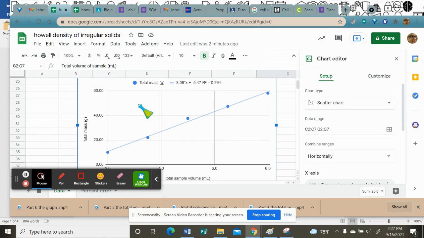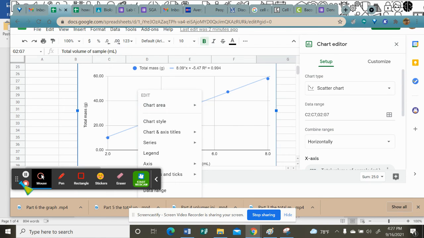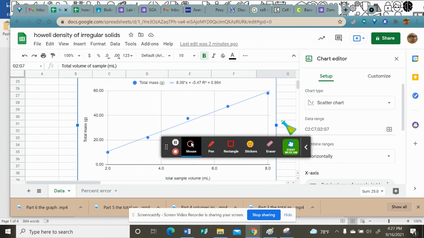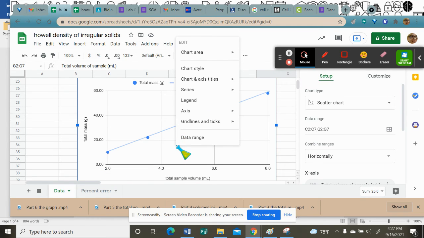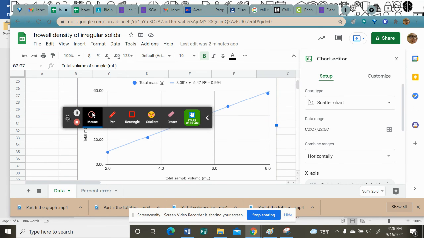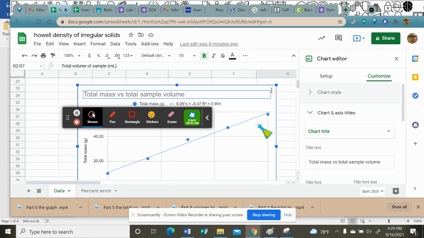So I'm clicking on my sheet and I'm going to right click it. Okay, I'm right clicking on my sheet. And I'm going to, okay, I've got it now, guys.